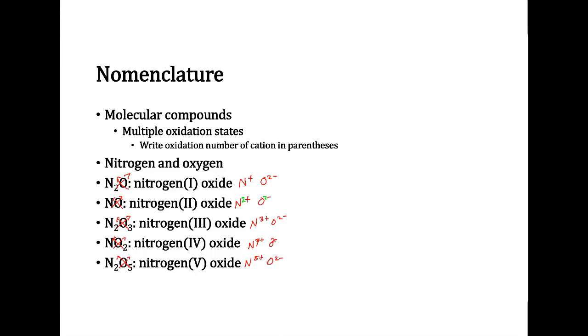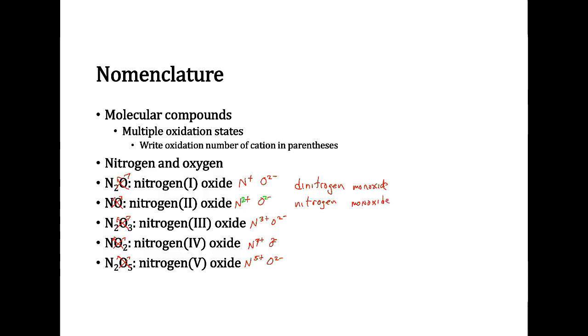Okay, so nitrogen 1 oxide, we could also name that dinitrogen monoxide. Second compound, NO, we would just name nitrogen monoxide.